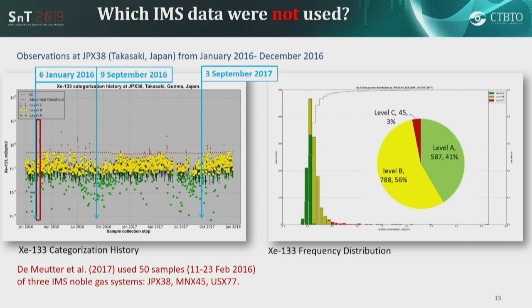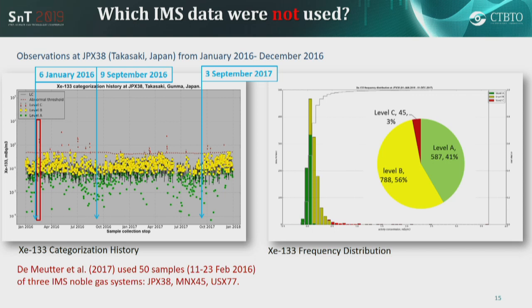If you look at the time series, then you can see that even after the other tests, there were detections. Level B typically after the 9th September 2016 test, and very late the first level C. And after the 3rd September 2017 test, a lot of level B and even high level B detections and several level C episodes or single cases.